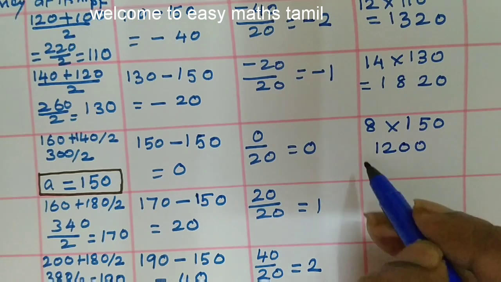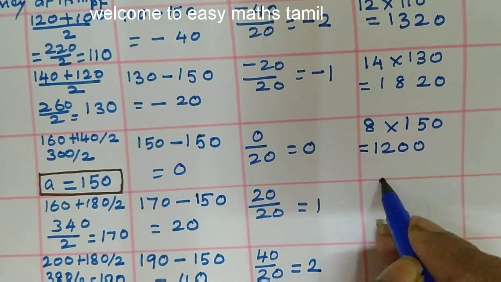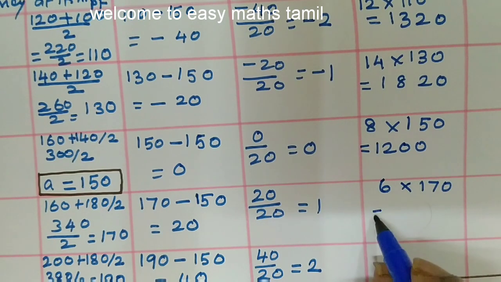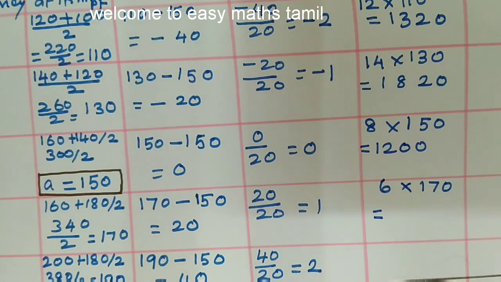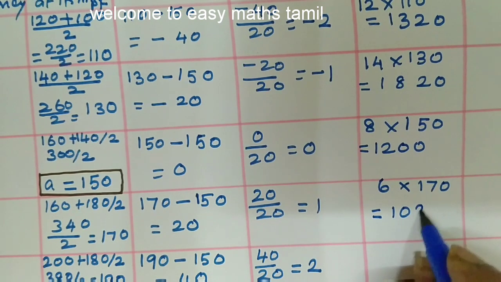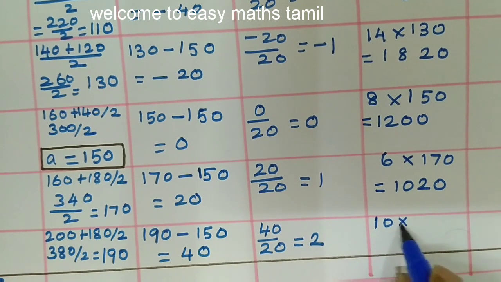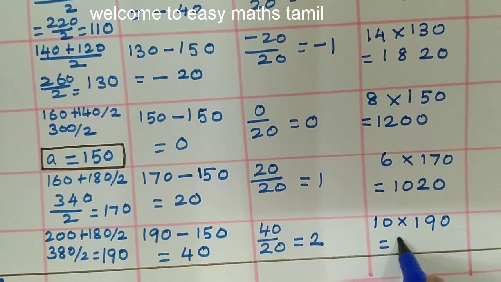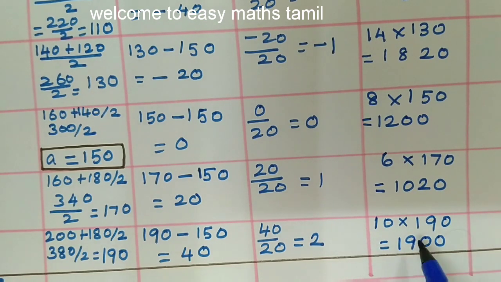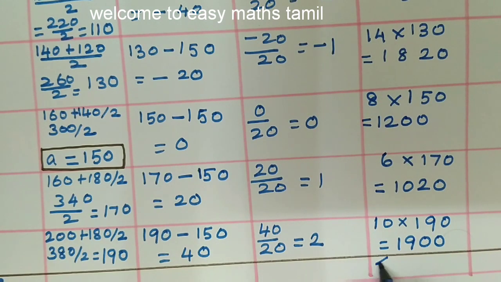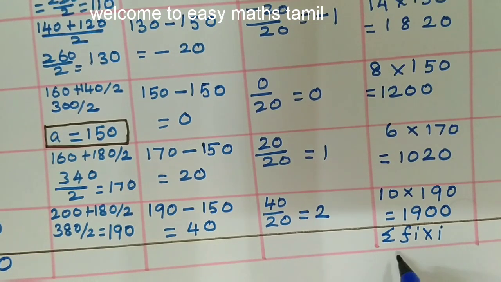Fi is 6, xi is 170, 1020. Fi is 10, xi is 190, 1900. So sigma fi xi, adding all the values of fi xi, is 7260.